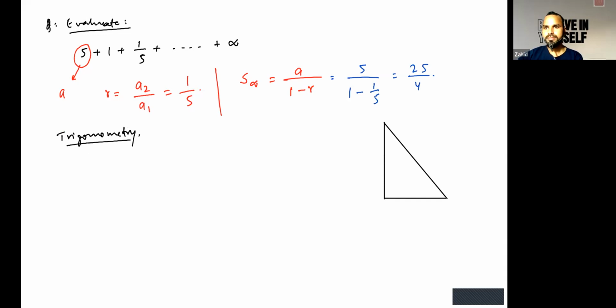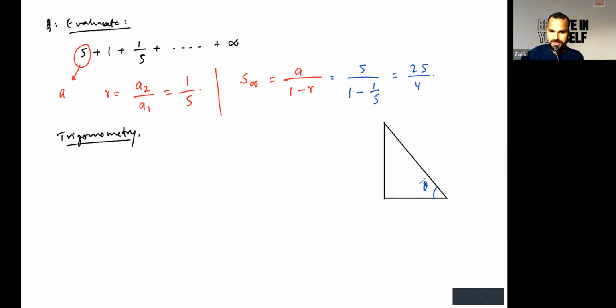Trigonometry is nothing but a relation between an angle and its corresponding sides for a particular angle. I'm defining it only for a right angle triangle. But if you move to higher classes, it would be applicable for all different triangles. So I'm limited to the right angle triangle only.